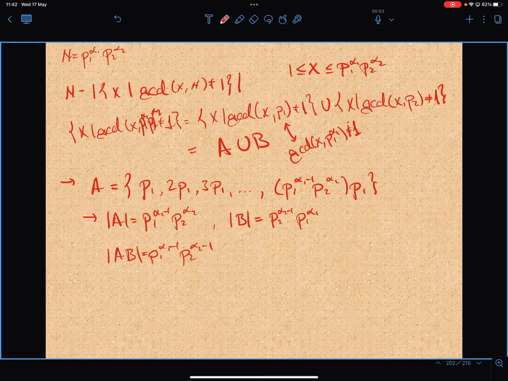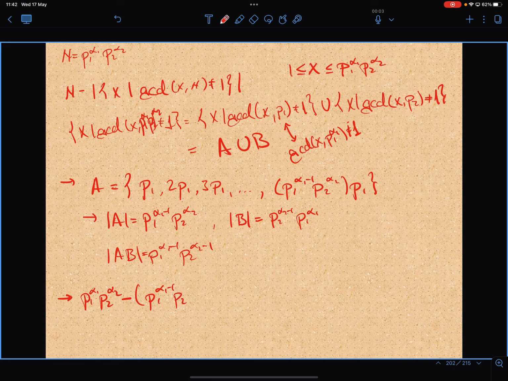So the final formula is going to be p1^alpha1 p2^alpha2 minus the cardinality of A union B, and we use the inclusion-exclusion formula.